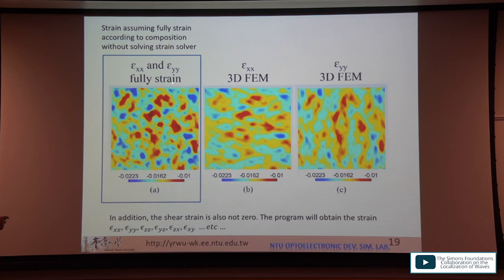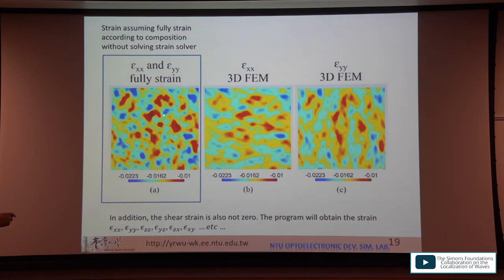If we don't calculate the strain, this is the fully strained condition, where the strain is decided by the composition relative to the surface. So this is not calculated. It's just an assumption: you simply say how much indium atom there is relative to the buffer, and you calculate the local strain. But in this comparison, if you consider the strain calculation, you can find that ideally this high indium part should have larger strain, but it will relax slightly in the lateral direction.